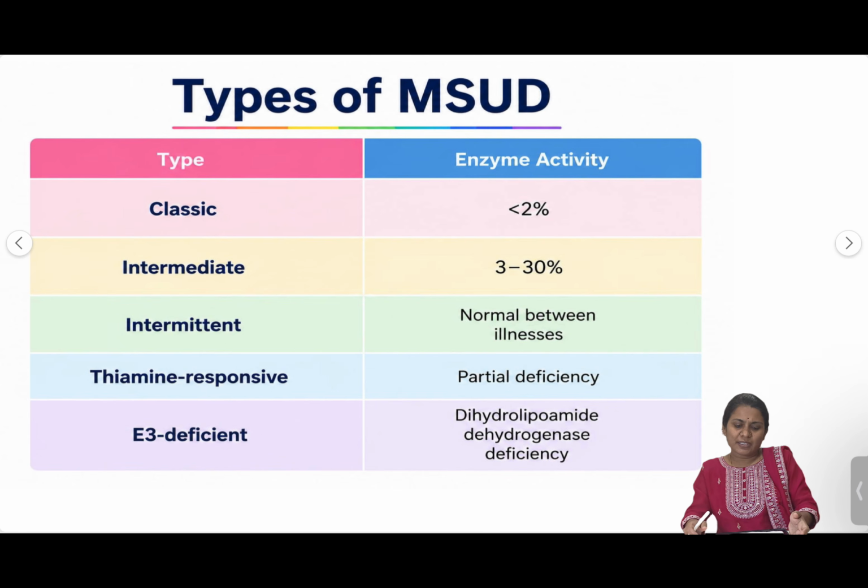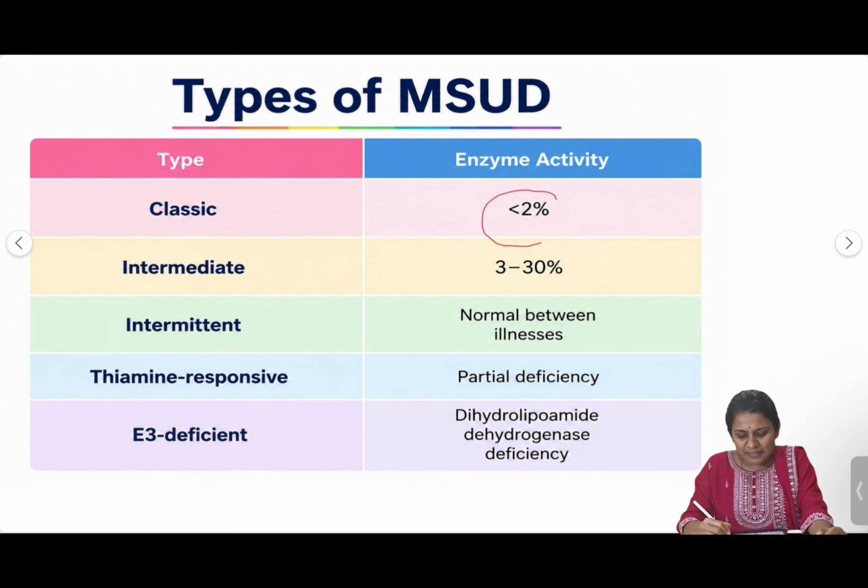Now coming to the types of MSUD, it depends upon the enzyme deficiency, depending upon how much percentage of enzyme is working. According to that, it is classified into several types. In classical, the enzyme activity is less than 2%.